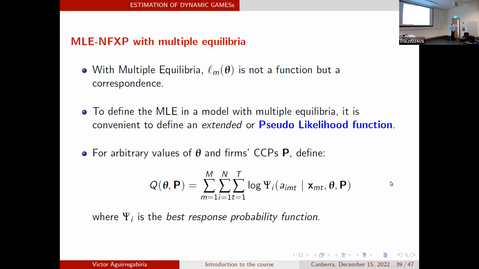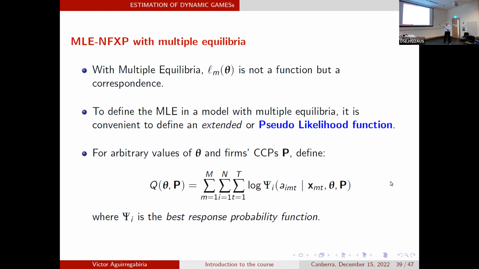Then again, what is the definition of the pseudo likelihood function? Similar as before. Remember, when I presented the pseudo likelihood function in the single agent game, I said we can interpret it as a likelihood function in a model with two sets of parameters: the structural parameter theta and a vector of parameters p that represent the beliefs that the agent has about how he is going to behave in the future, okay?